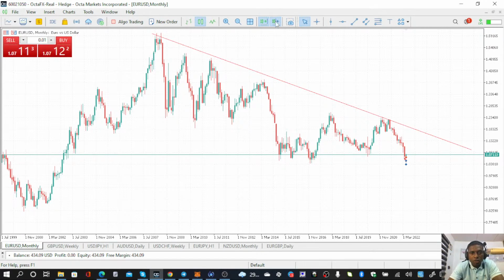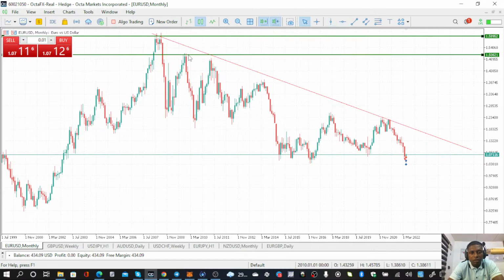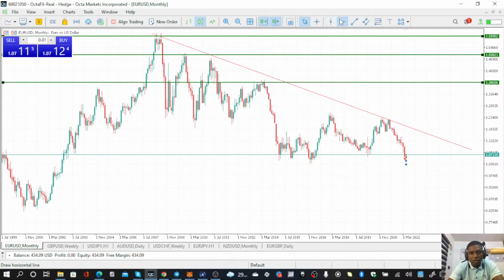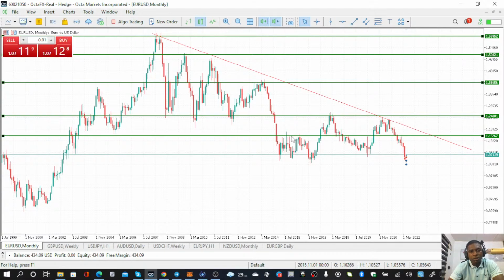Now let's draw out support and resistance. We start from here. These are resistance levels.